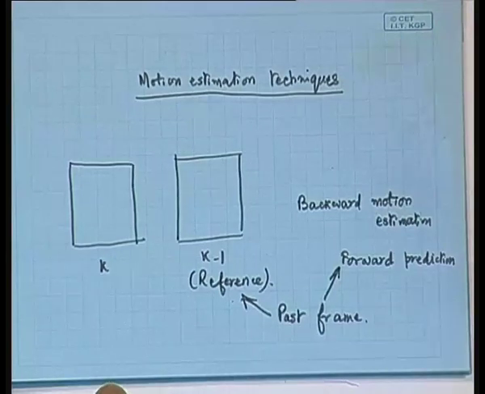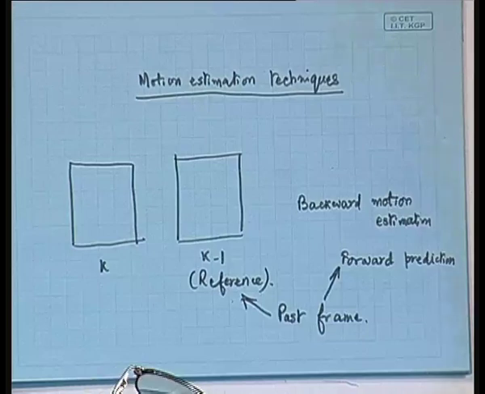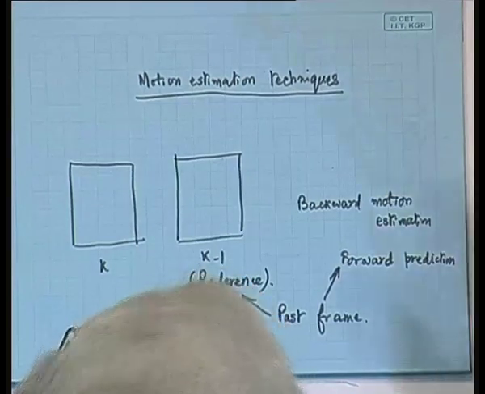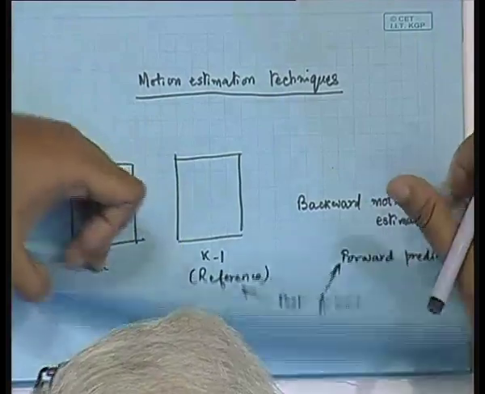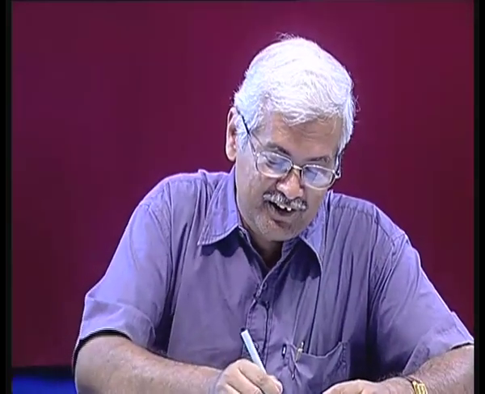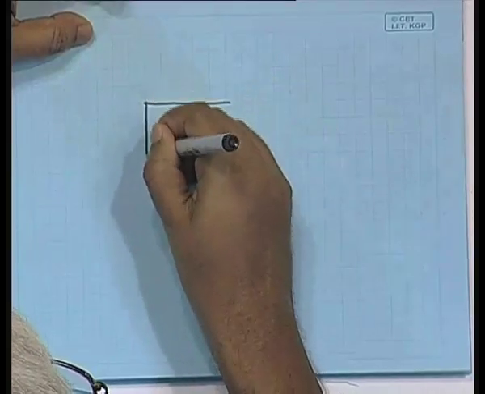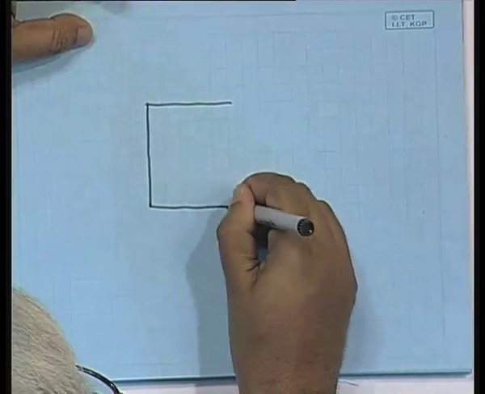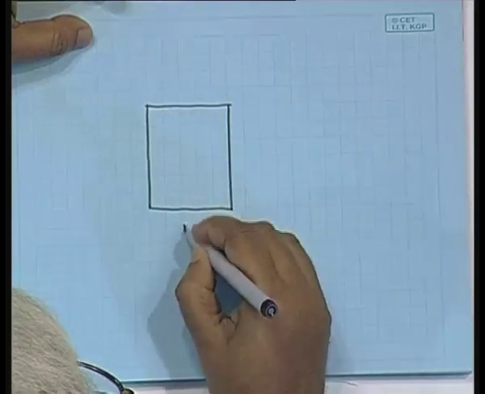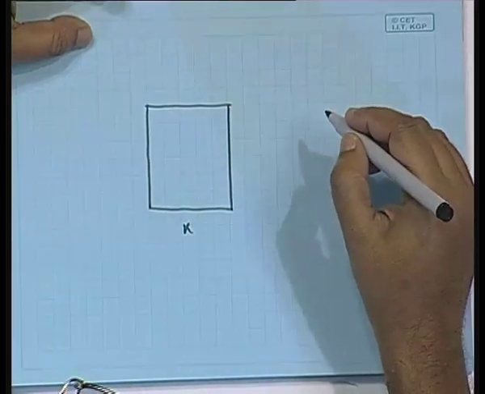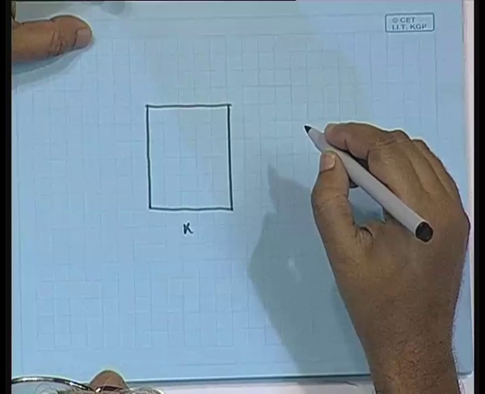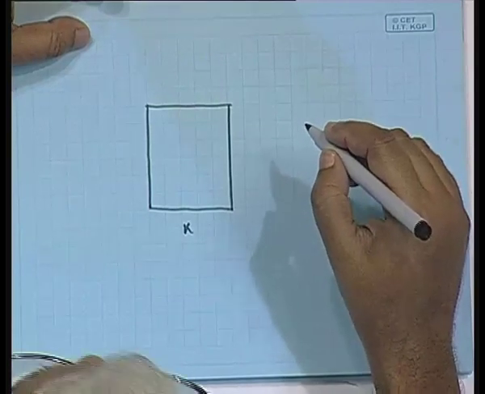we can put the concept in the opposite way also. Although it would look very puzzling, let us say: why do we use a past frame as a reference, why do we not use a future frame as a reference? It looks a little awkward, because if we are going to encode frame k now, what I have just suggested is that we should be using some future frame as a reference.